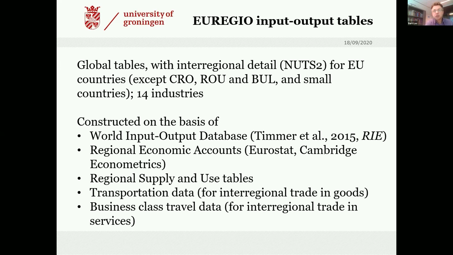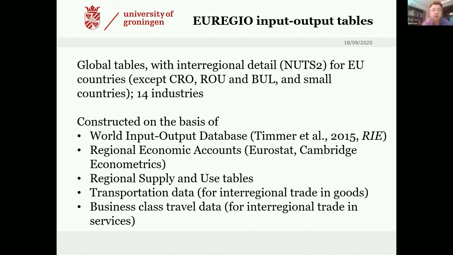So these Euregio data, these Euregio input-output tables, and we will only use the one for 2010, are based on several sources of data. First, the World Input-Output Database that was mainly constructed here in Groningen. Then we needed information from regional economic accounts, and these were taken from Eurostat.